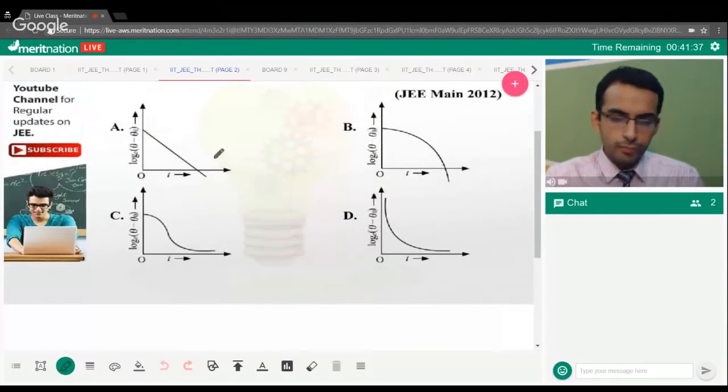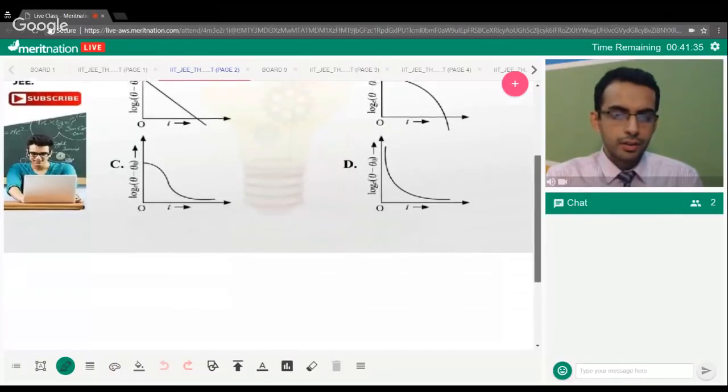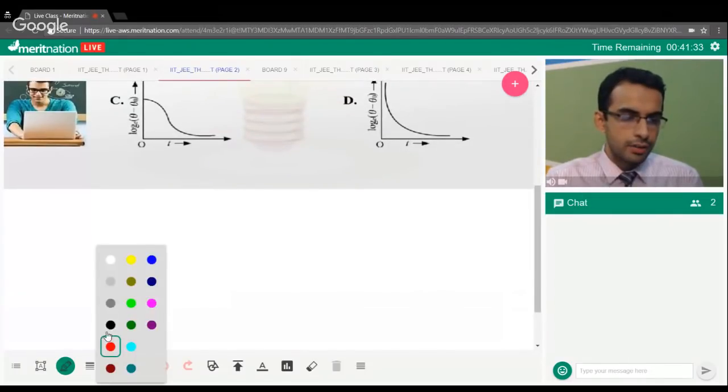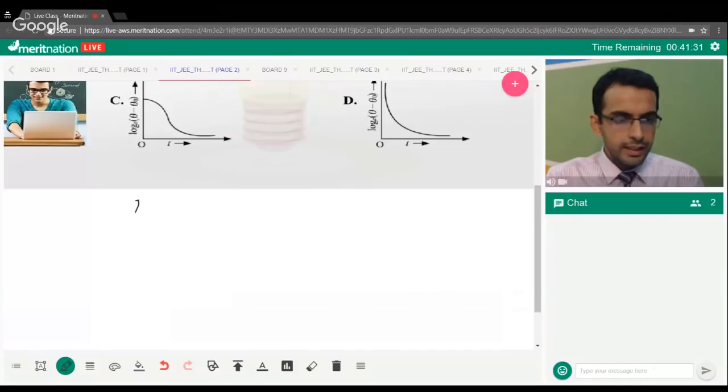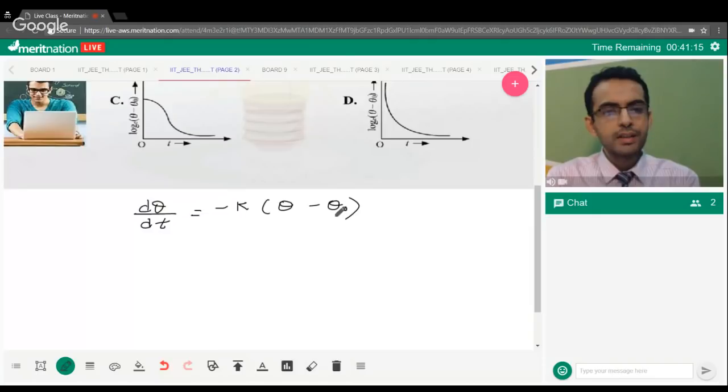So we know that d theta over dt is equal to minus k into theta minus theta naught, where theta naught is the temperature of surroundings, right? And theta is the temperature of the body.